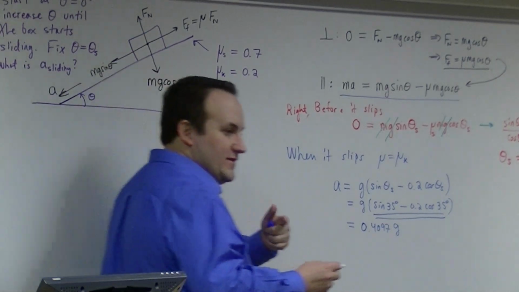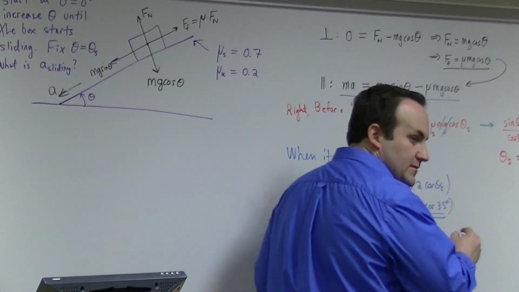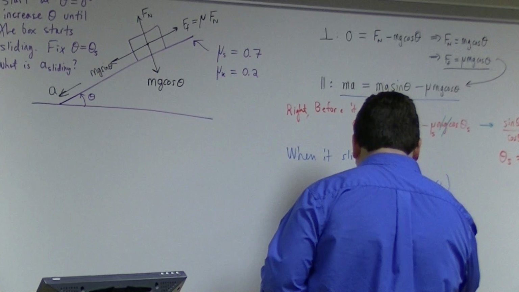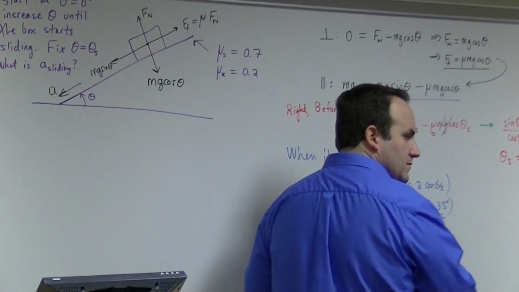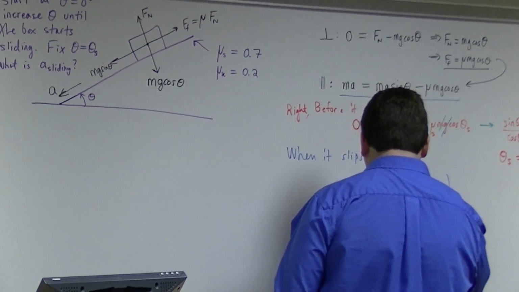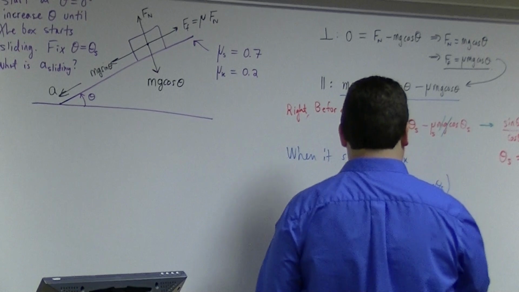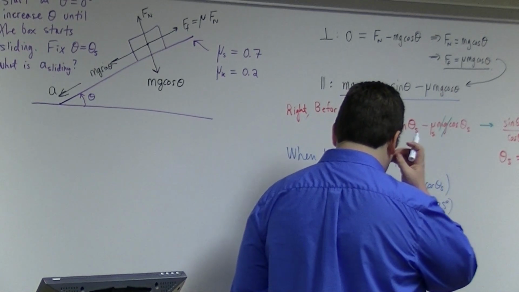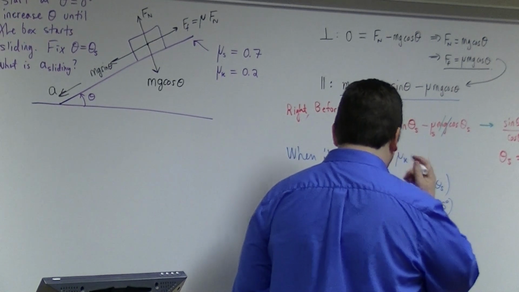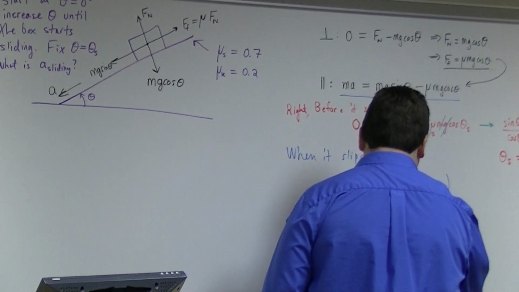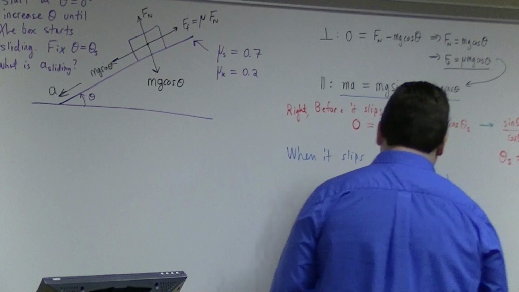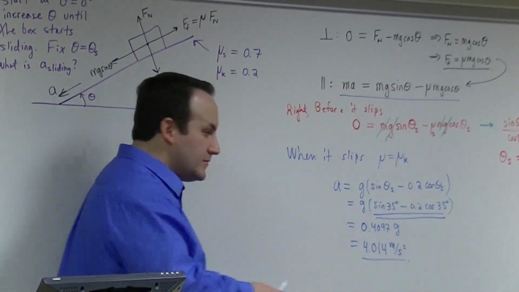Or, like you said, 4.1 meters per second squared? 4.014 meters per second squared. Okay, yeah, that makes sense. g is a little less than 10. So, yeah, okay.